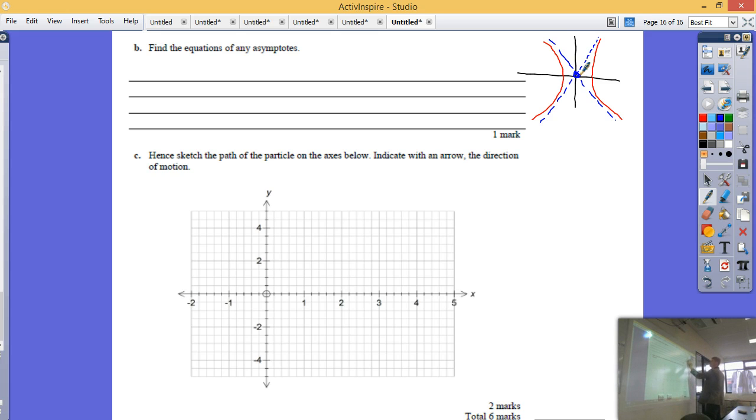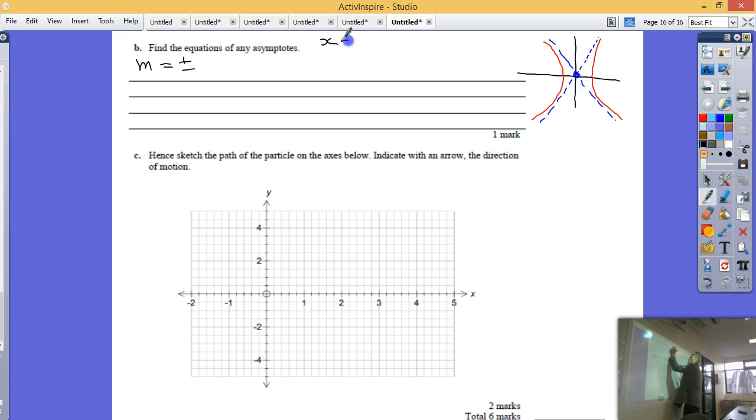And they have the same slope gradient, but one is positive, one is negative. So first off, I must remember the gradient of my asymptotes of the hyperbola. It will be plus or minus from the equation form.